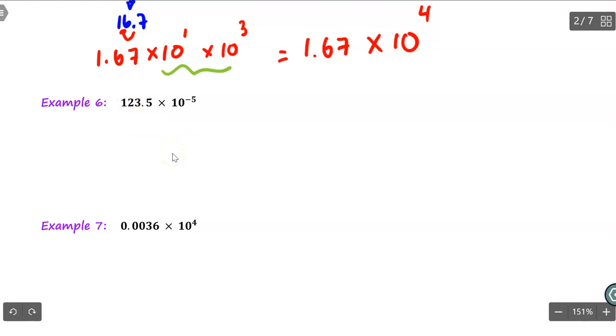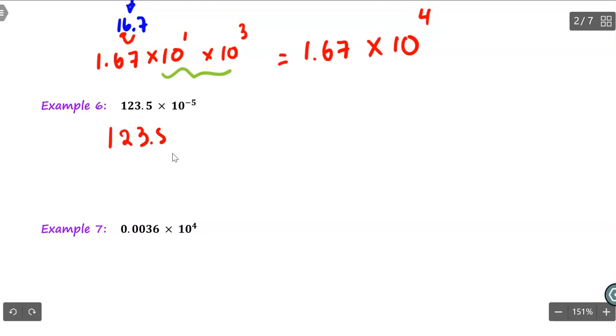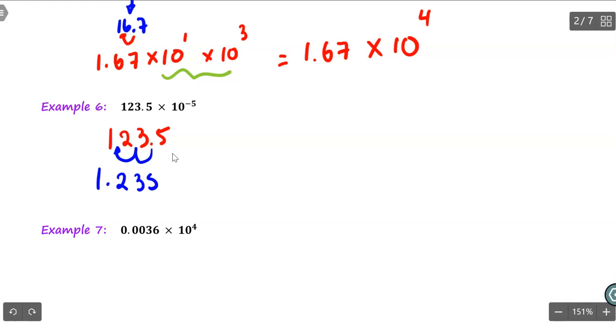So I will do this by moving the decimal point 1, 2. So I will have 1.235. You have to keep the 5 because it's not a 0, so you cannot drop this 5. So still place the 5 there. And then I multiply this with 10 to the exponent 2. Okay, rewrite the 10 to the exponent negative 5.